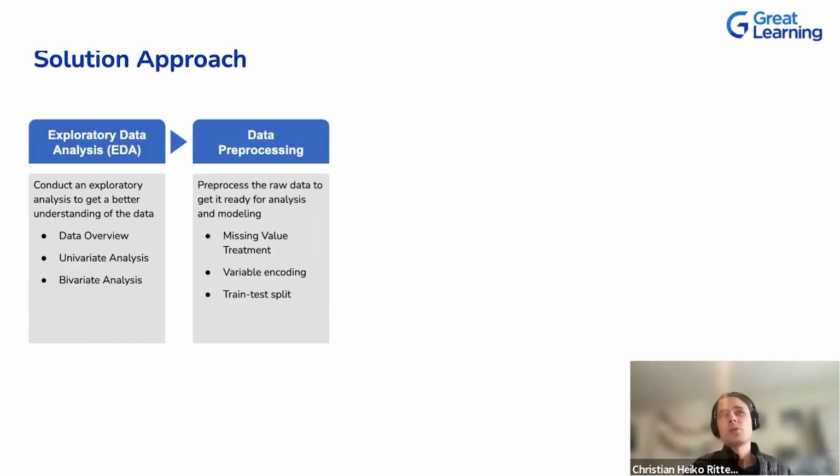You might need to encode your variables. Encoding means you change its representation. You change it, for example, from a categorical value, from a text to numerical values or such. And you do your split into training and test sets. So what does that mean?